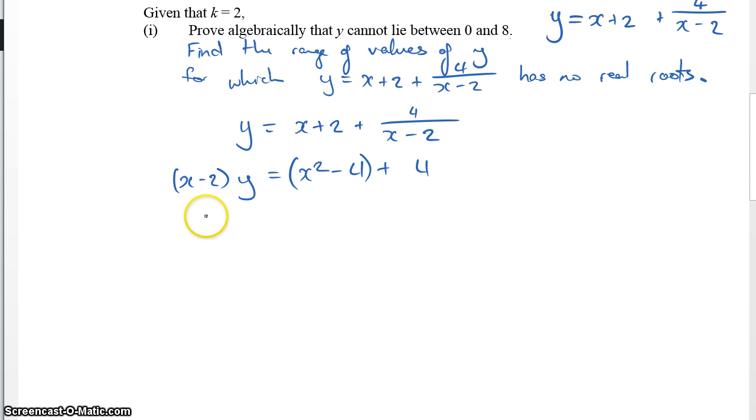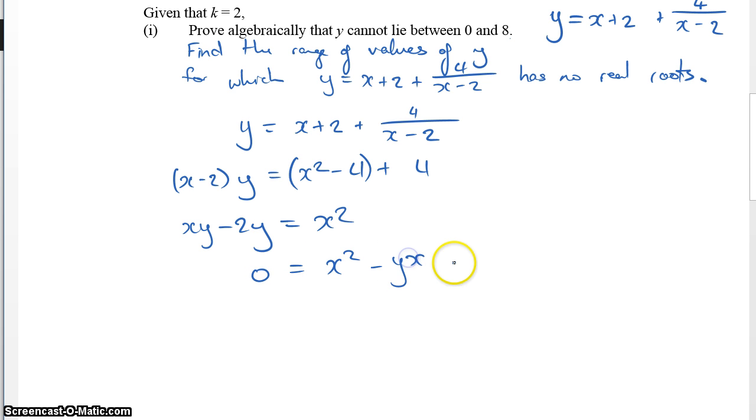That cancels out rather nicely on the right hand side, so I get xy - 2y = x². So 0 = x² - yx + 2y. And I want this to have no real roots.